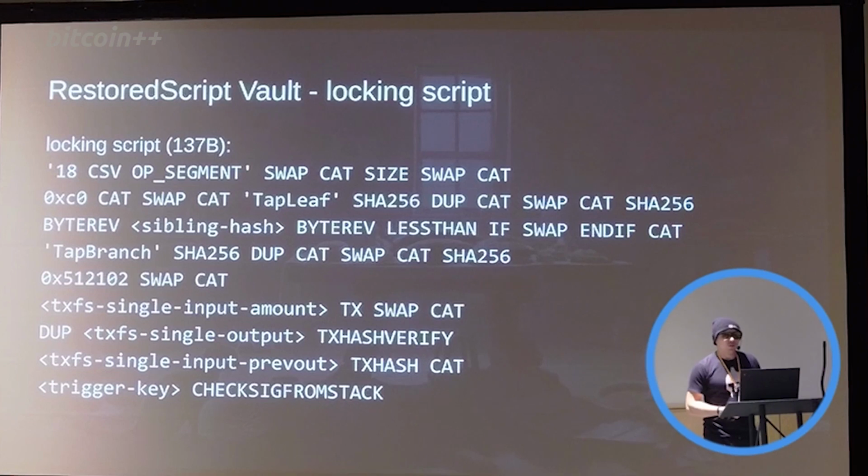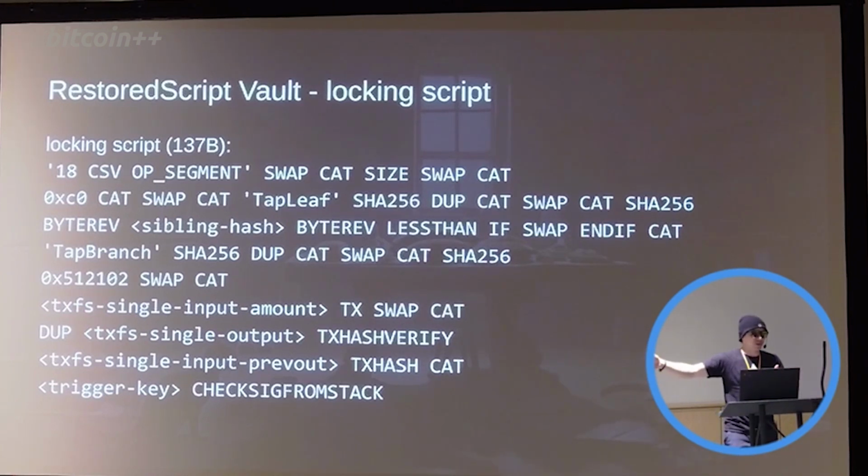So what op segment is doing there is that in checking for op successes, we evaluate the script in segments, so that I can say this precondition must be met. The 18 CSV must be met before you check anything else. If it fails on the 18 CSV, the script never executes. The rest never executes. If you get past the 18 CSV, then you check the rest, which could have op successes.